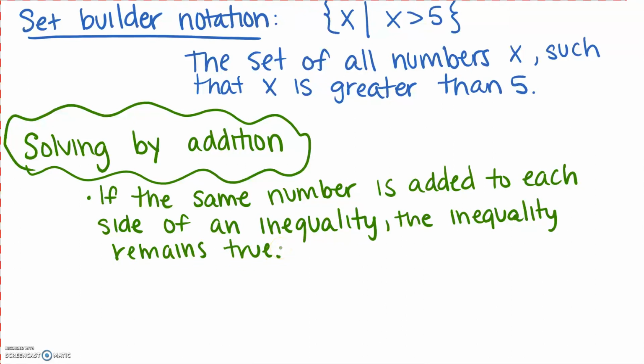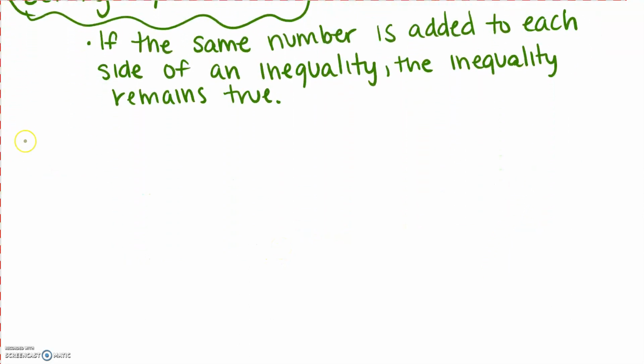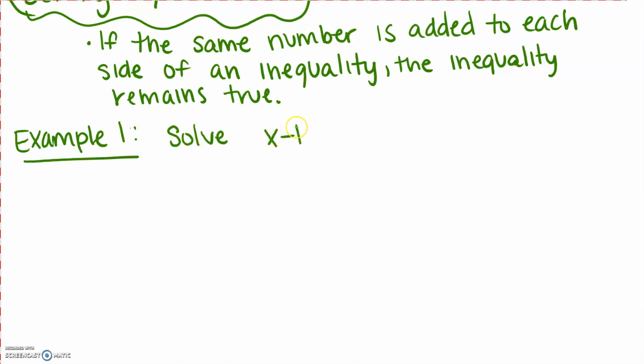All right, so let's look at our first example. Example 1. We're going to solve x minus 12 is greater than or equal to 8. So the way that this looks, if we ignore our inequality symbol, you could solve this by adding 12.